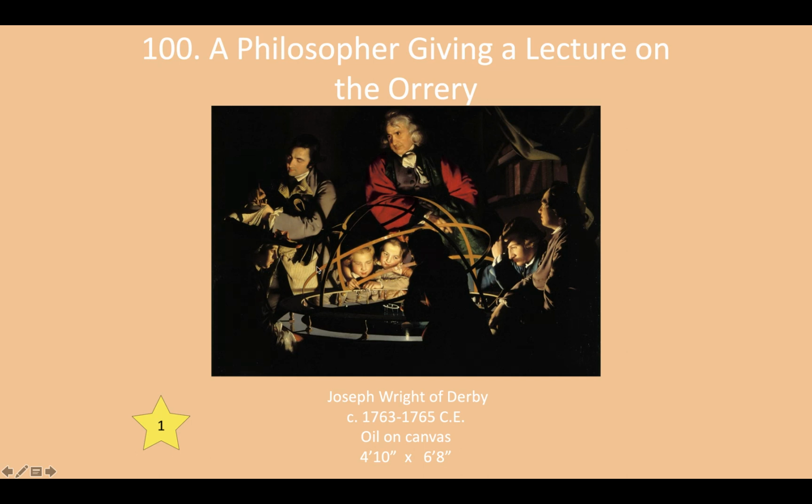Okay, so there's all these figures looking at the model of the solar system and the orbits of the planets. And inside, that light that we see shining up at us is indicative of the sun, right? So it's this really cool moment where that light source is a gas lamp that's in there, and it is shining to represent the sun, but it's also shining to represent the light of knowledge.